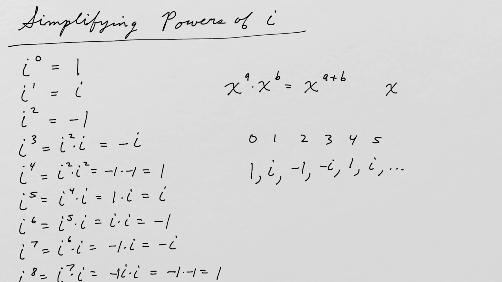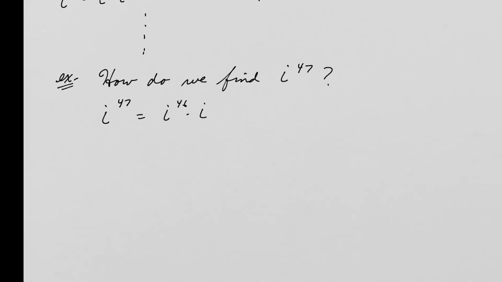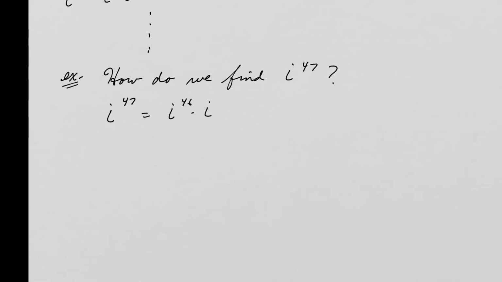If I do x to the a and I raise that to the b, this is x to the a times b. Okay? So I could think of i to the 46 as i squared raised to the 23rd power.